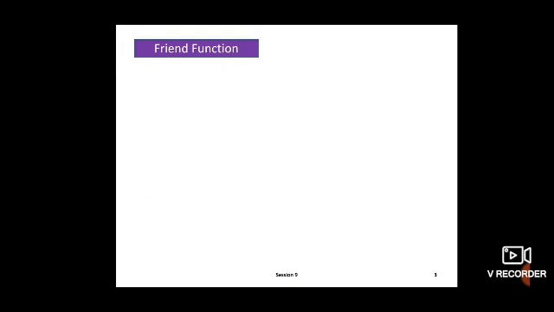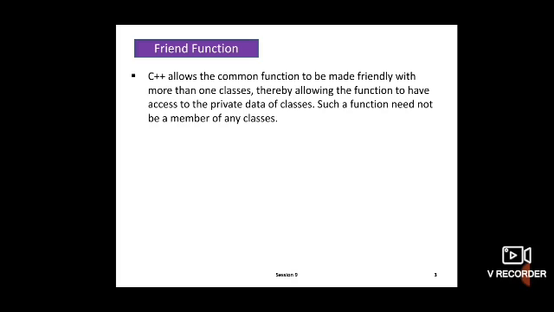In this friend function, see what we mean by friend function. First see, C++ allows a common function to be made friendly with more than one class, thereby allowing the function to have access to the private data of the classes.